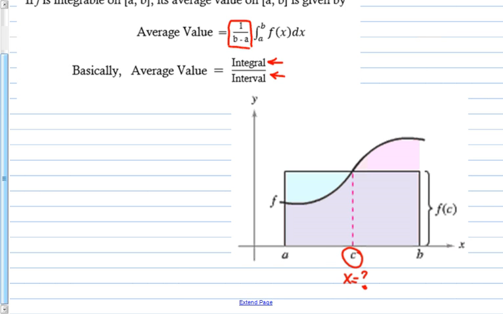Now this x is special in particular because if I plug in this x, or c, the c guaranteed by the mean value theorem, it will get me this perfect height that allows me to express the area underneath the curve as a rectangle. Now that's what we were doing, right?